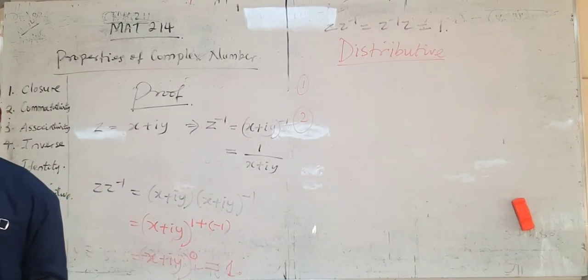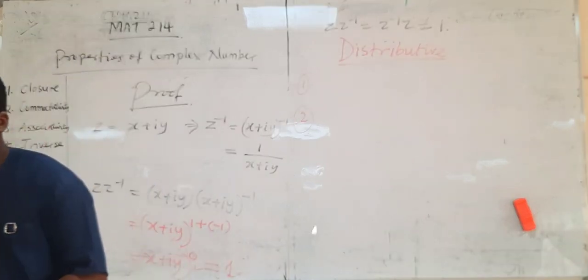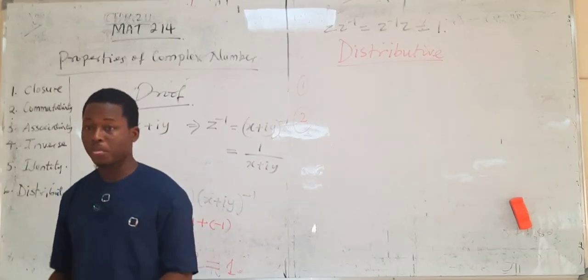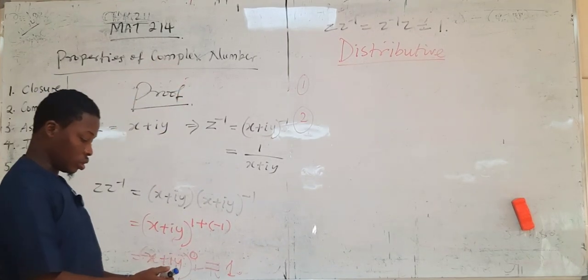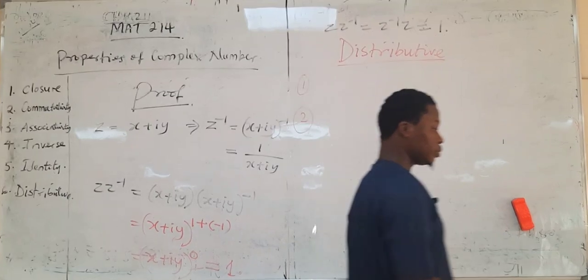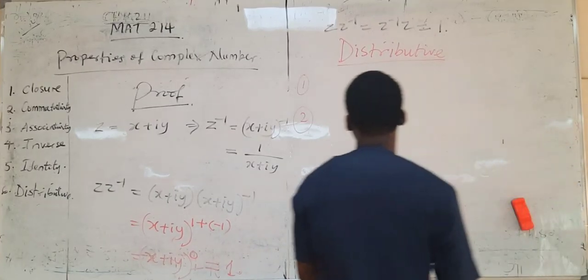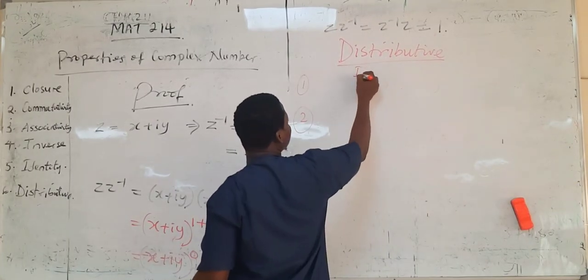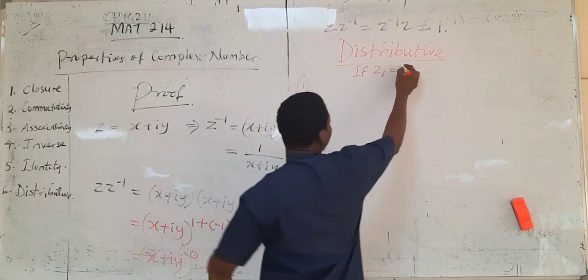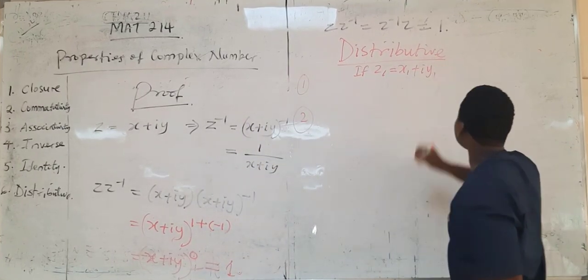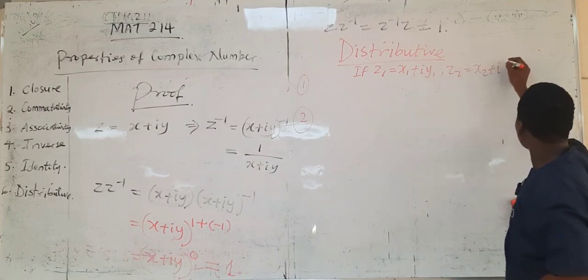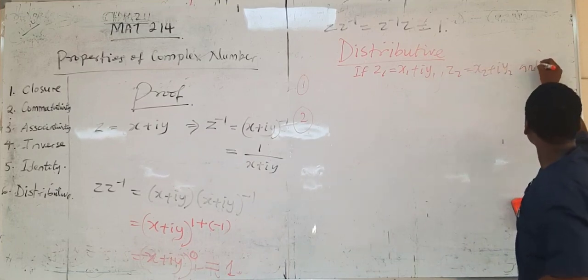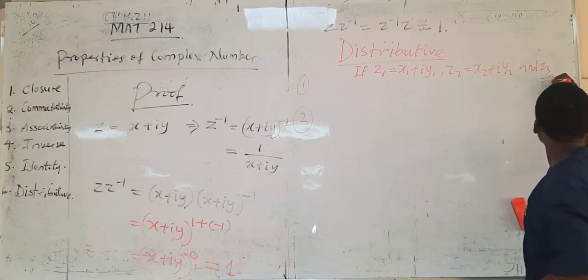The one is multiplication over addition and the other is addition over multiplication. So we're saying if z1 is equal to x1 plus iy1, z2 is equal to x2 plus iy2, and z3 is equal to x3 plus iy3.